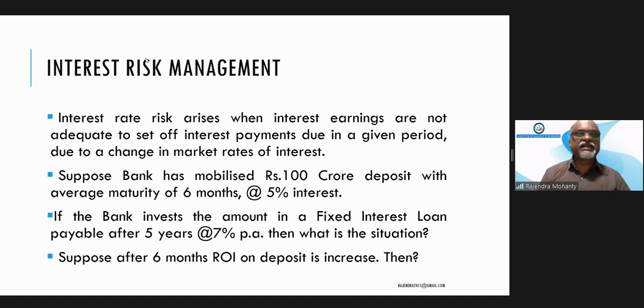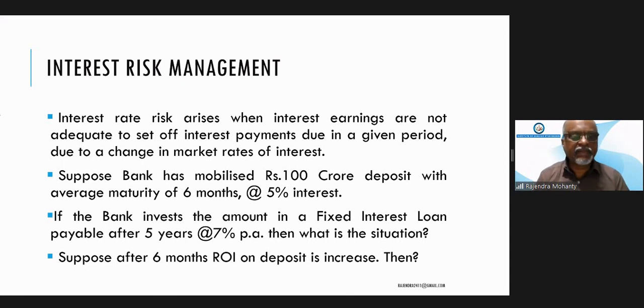Now interest rate risk. Next is interest rate. We have already done that interest thing in our exercise that day. Interest rate risk arises when the interest earnings are not enough to meet the interest payment. Our assets' earnings are not enough to pay the deposit or borrowing during a given period, which might happen due to a change in the rate of interest in the market.